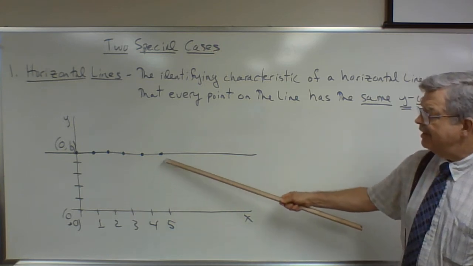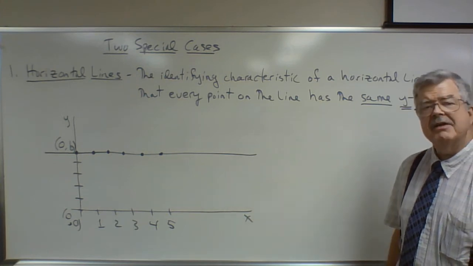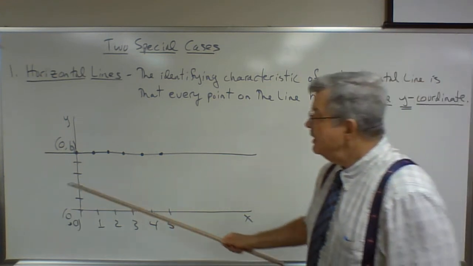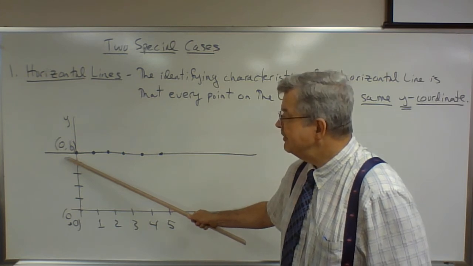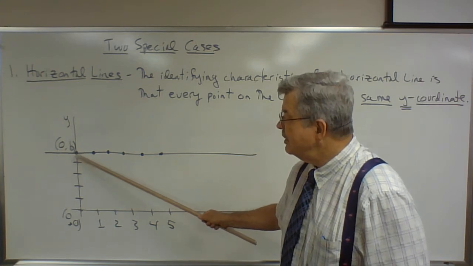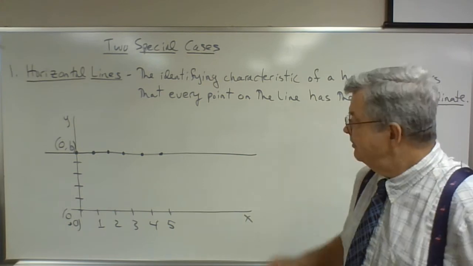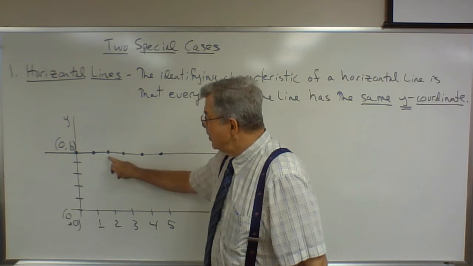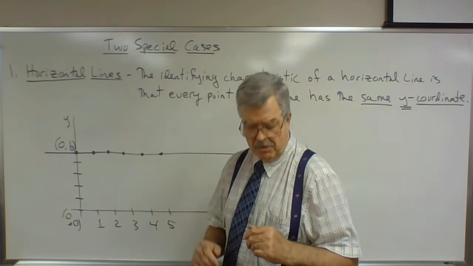On a horizontal line like this, every point on this line has the same y coordinate. Now we look at this point. This is the y-intercept, and it intersects the y-axis at y equal b. So the y-coordinate of this point is b. Since this is a horizontal line, that means that the y-coordinate of every other point on the line is going to be b also.